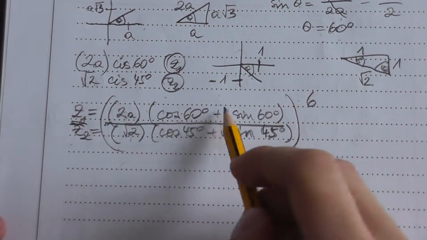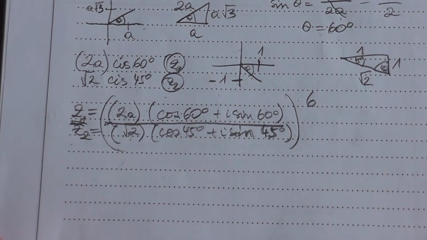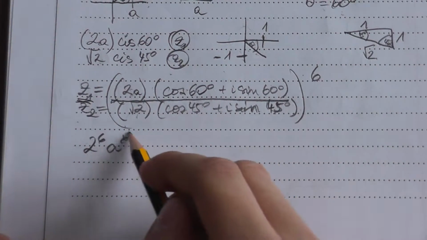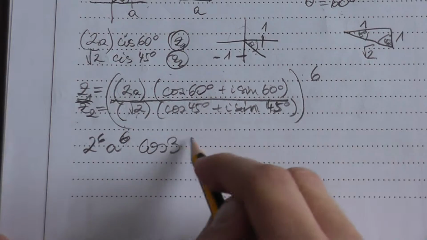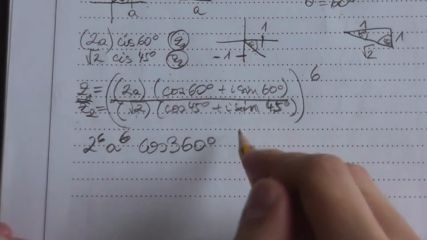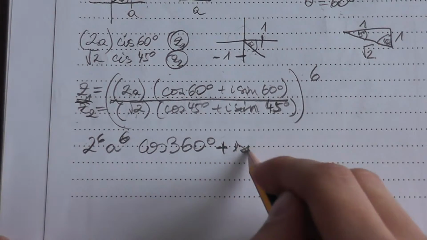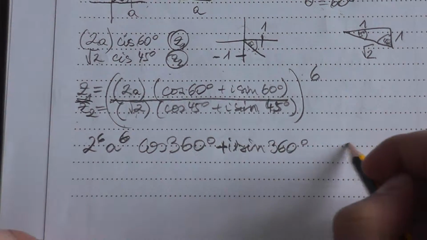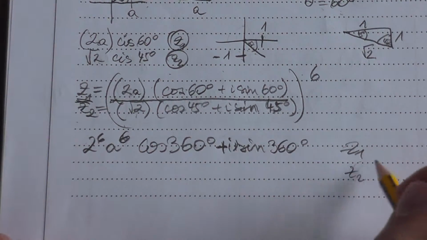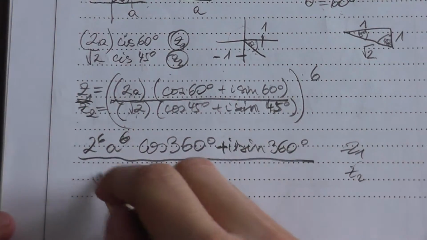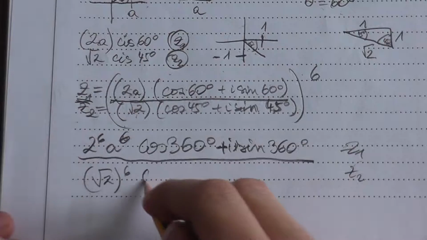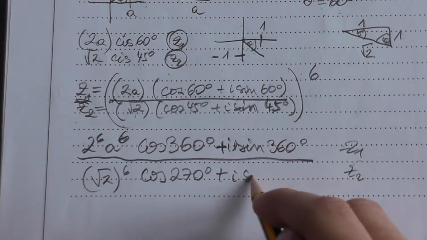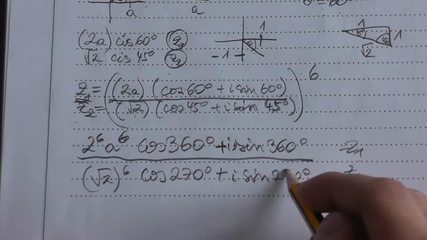And so we raise the numerator to the power of 6 and the denominator to the power of 6, and this then becomes 2a to the 6, cosine 360, notice it nicely falls out, or it is going to become a nice number, plus i sine 360 degrees, that's our z1, and then z2, which is the denominator, is going to be square root of 2 to the power of 6, cosine 270, because 45 times 6 is 270, plus i sine 270 degrees.